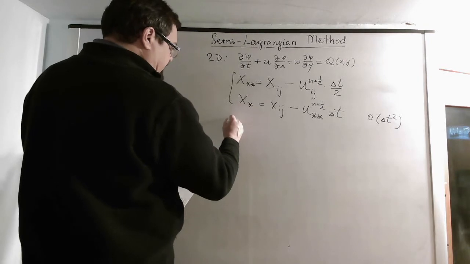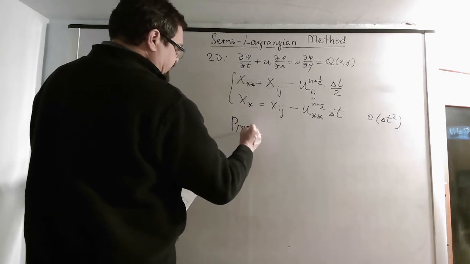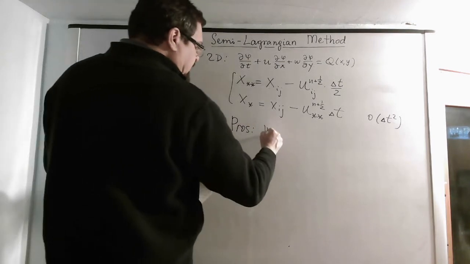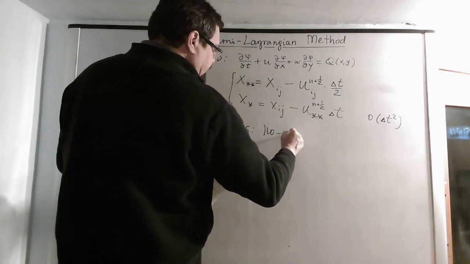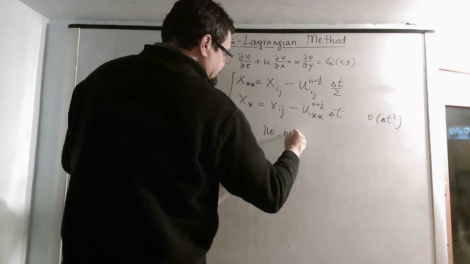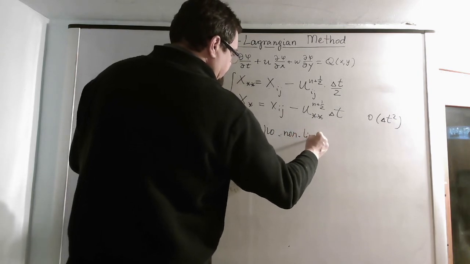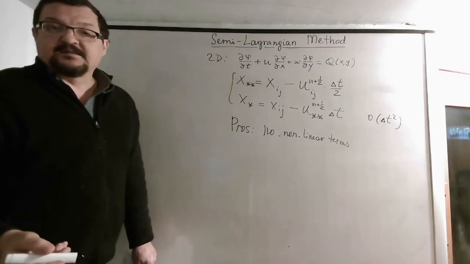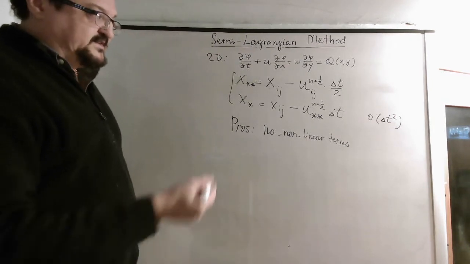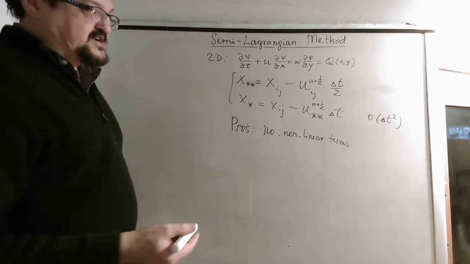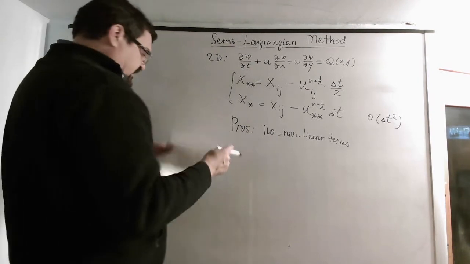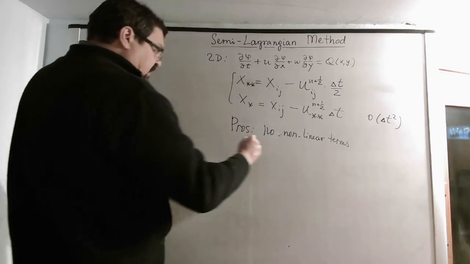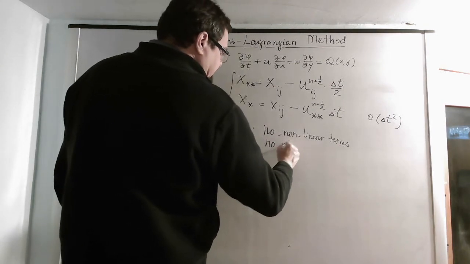And so the pros, again, let me repeat, the pros of this method is no nonlinear term. So as a result, there is no nonlinear instability, nothing to worry about. All these kind of issues related to nonlinear interaction of waves. So that's pro. And no stability criterion.